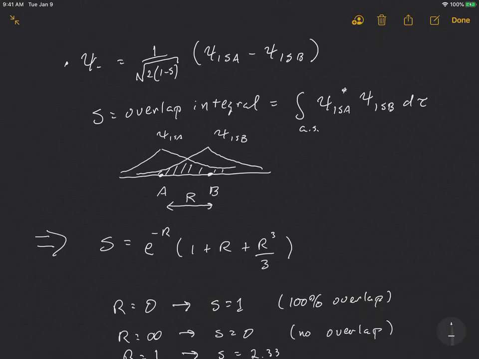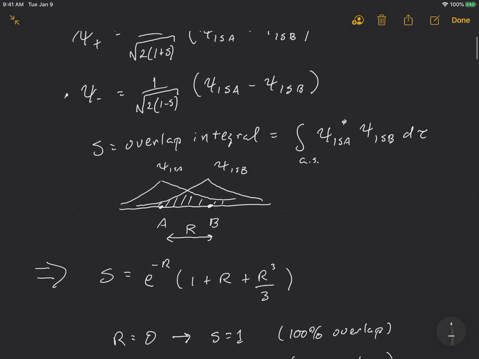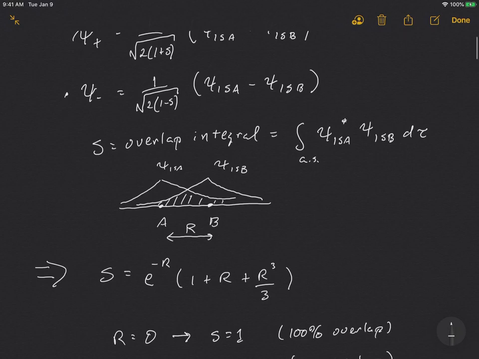And let's look at this integral graphically. This is an approximate graph, where I've taken a slice along the internuclear axis of what these wave functions look like. I have psi 1sa here, and psi 1sb there, and they're peaked at their respective nuclei.